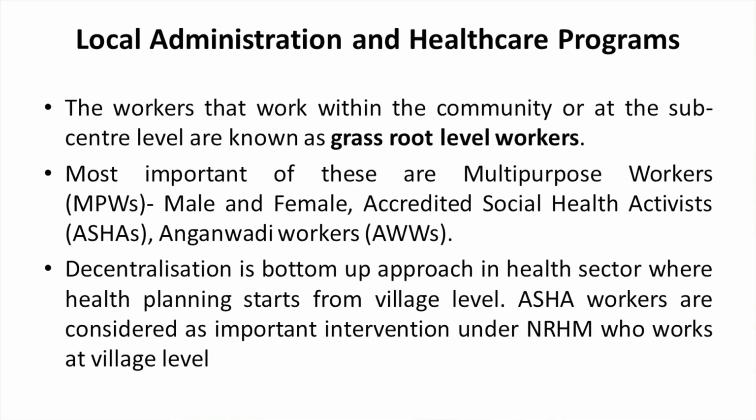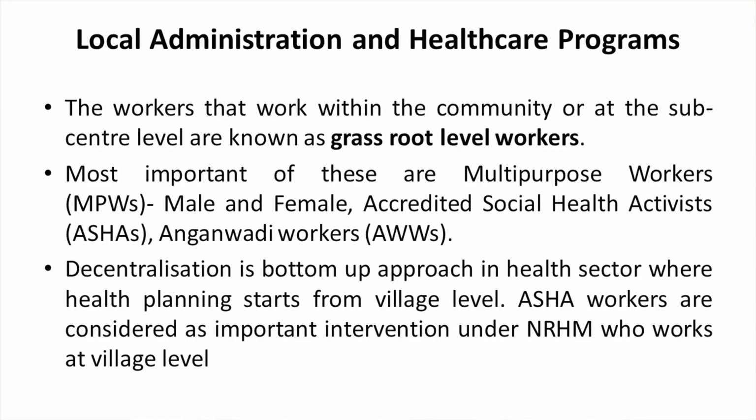Primarily, they can be categorized into three parts or three levels. First is MPWs, that is multi-purpose workers. They can be male or female. Second is ASHA workers, accredited social health activists, and also Anganwadi workers.